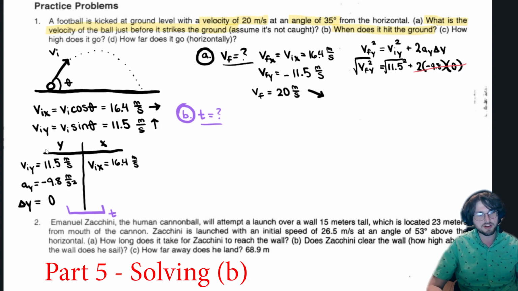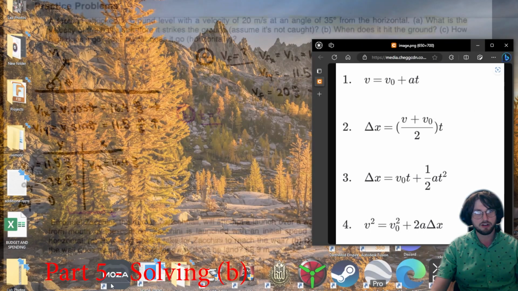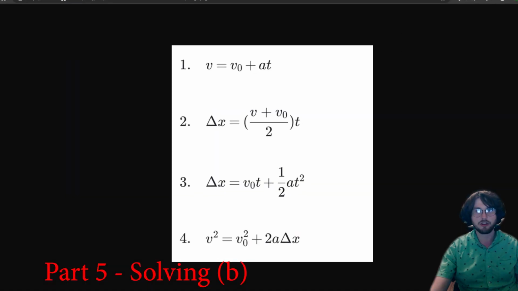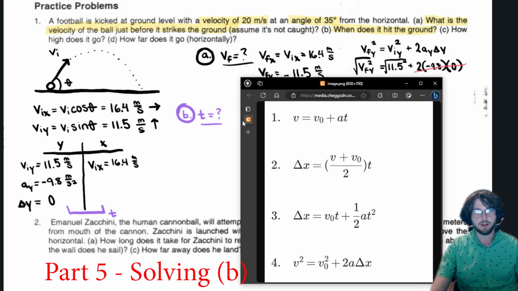So again, we're going to take advantage of our vertical direction here because we have enough information to kinematically solve it. So I'm going to, again, take a look at our kinematic equations here. I'm going to say we have initial velocity, we have acceleration, delta y, and time. So we should look for the equation that doesn't involve the odd one out, which would be final velocity here.